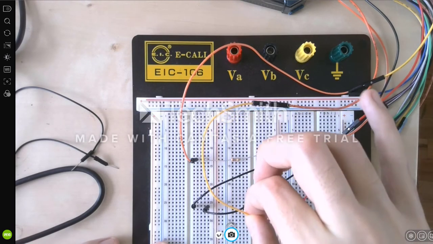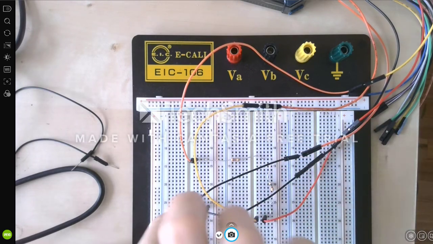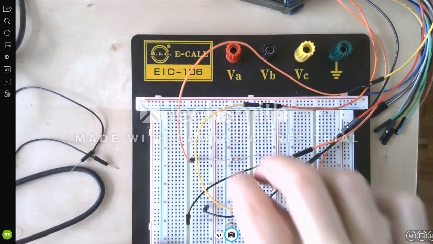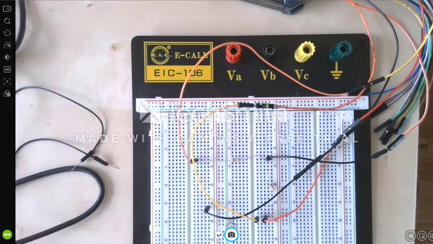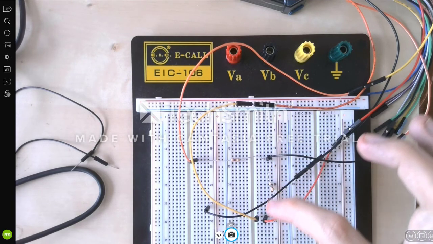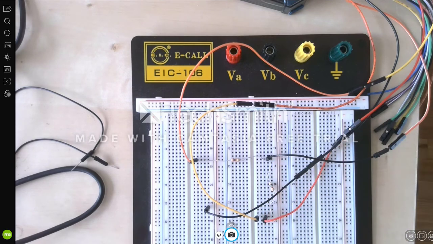All right, actually this can stay here. Now I'm taking the negative node of my channel and plugging it in here. Now please note that the channel is now connecting the voltage across the 5.6K resistor.